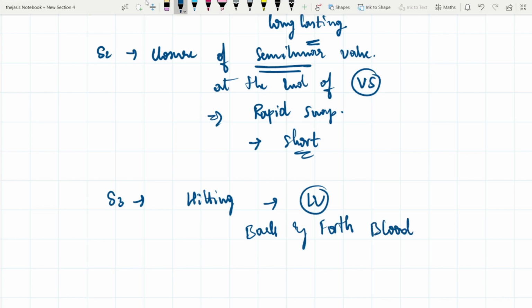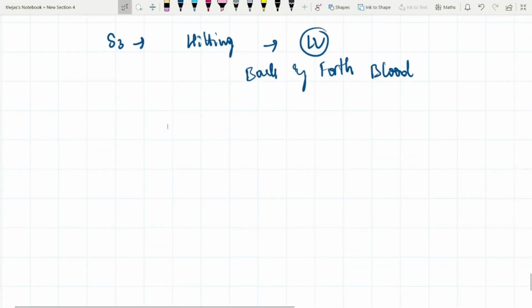Okay, this is the third heart sound. When blood rushes from the left atrium to the left ventricle and hits the left ventricular wall, there is production of sound. This is called S3. Then S4, the fourth heart sound.